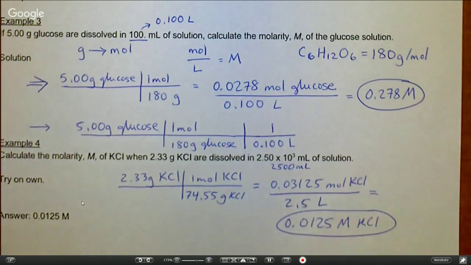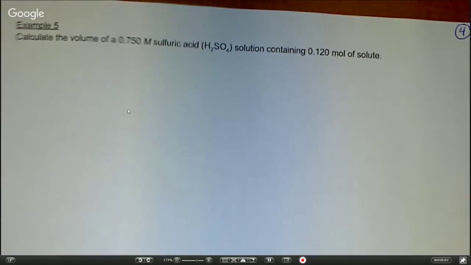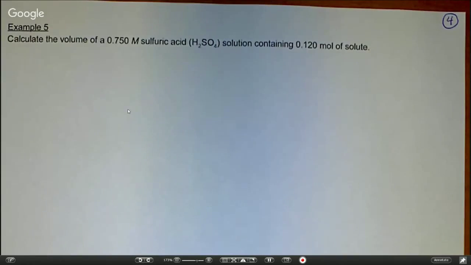Okay, go ahead and turn to the back side to example 5, and then we're all set. Example 5 says to calculate the volume of a 0.750 molar sulfuric acid, H2SO4, solution containing 0.120 moles of solute.